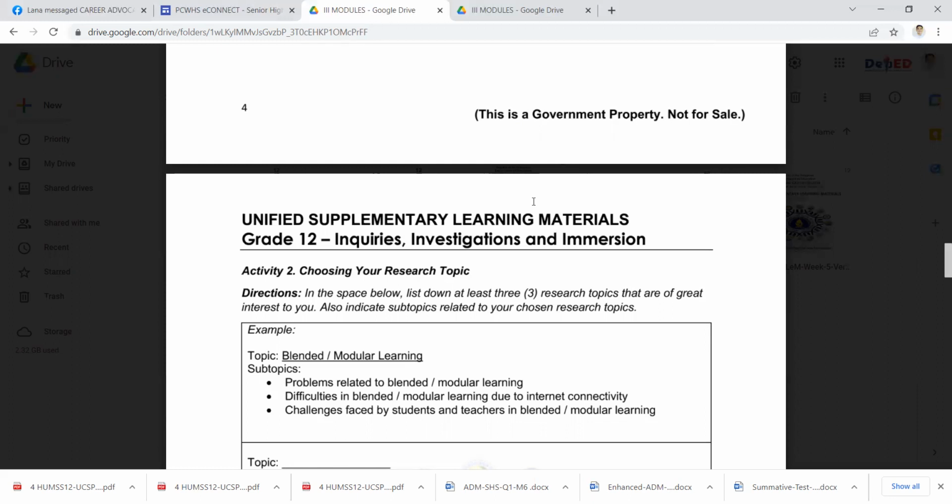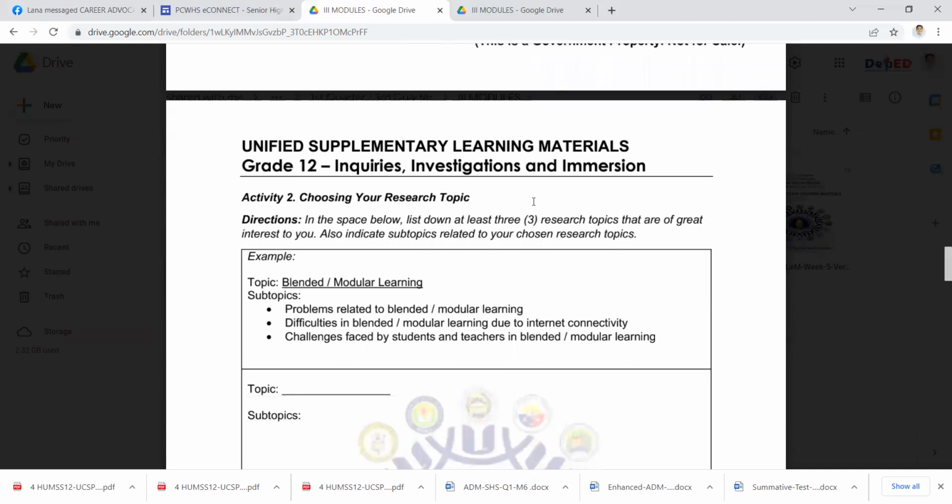Okay, what are the subtopics? Problems related to blended and modular learning, difficulties in blended modular learning due to internet connectivity, challenges faced by students and teachers in blended modular learning. So that is our week 1, day 1.